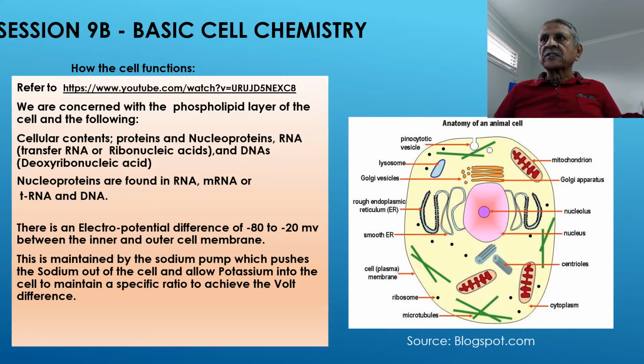Now coming back to our cell membrane, there is a difference of electropotential between the inner side of the cell membrane and the outer side of the cell membrane. It may be between minus 80 to 20 millivolts.